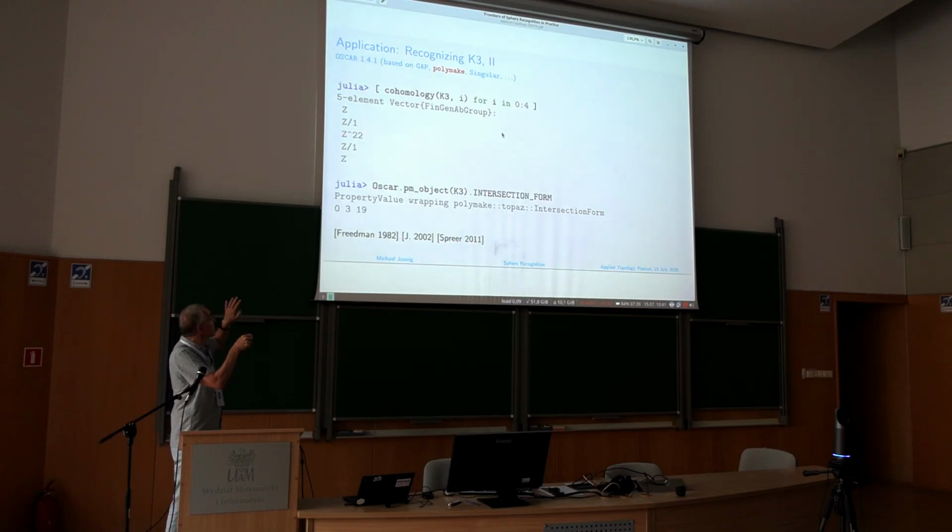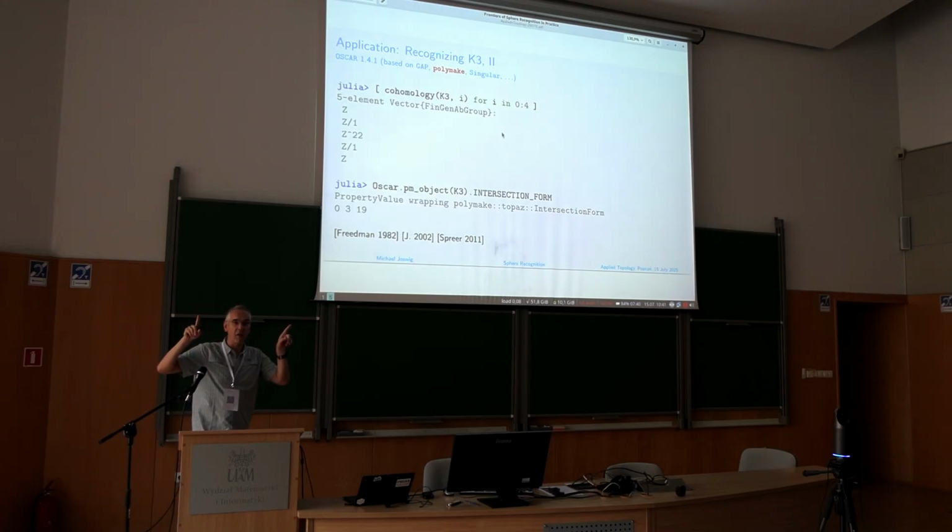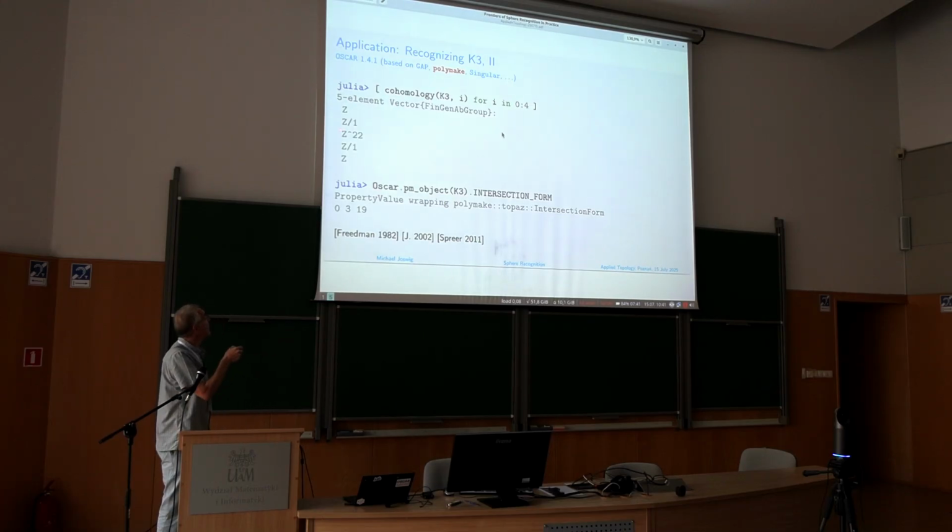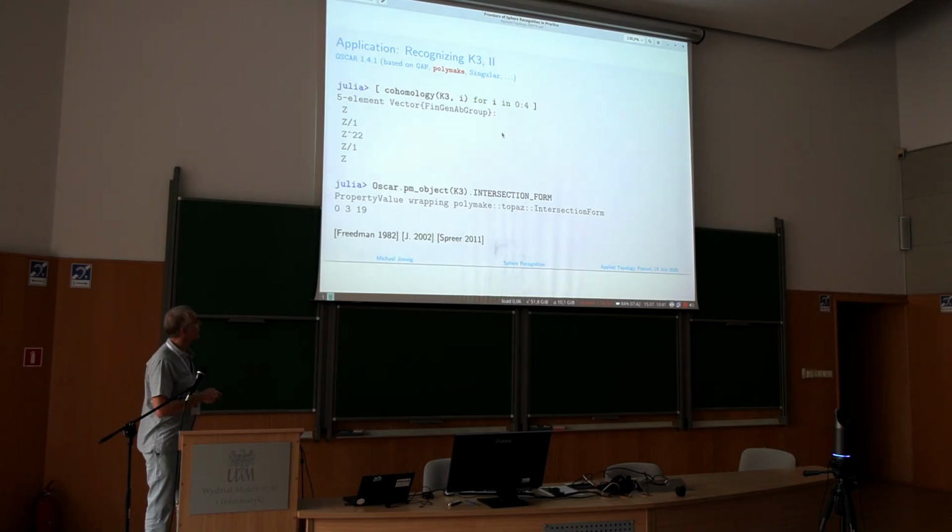But since this is in even dimension, there is no sign flip, so you actually have a bilinear form on H^2 with Z coefficients, Z to the 22. You just need to understand what this bilinear form is, and bilinear forms over the integers are classified.